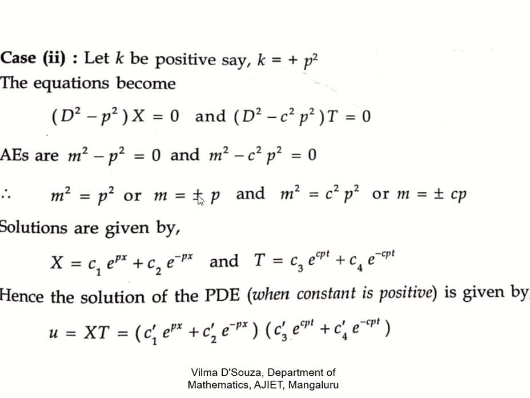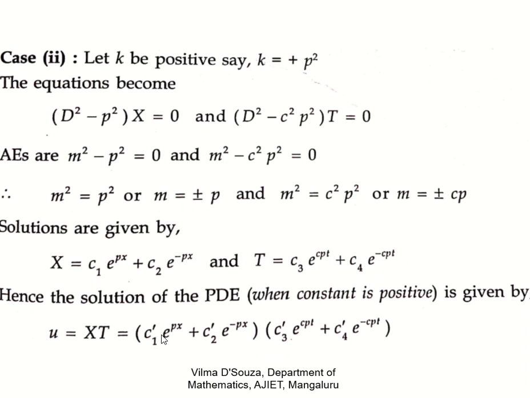Depending upon the root p, you have the term c1 e power px. For the root minus p, you have c2 e power minus px. Similarly here. So what is the solution of the PDE in this case? u is equal to x into t, that is c1 dash e power px plus c2 dash e power minus px into c3 dash e power cpt plus c4 dash e power minus cpt.